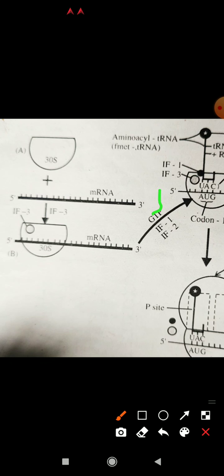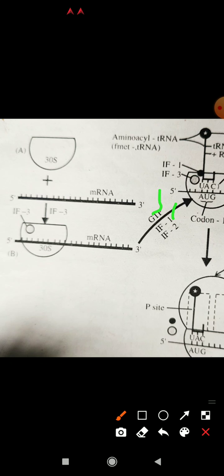Related to the initiation factors, in prokaryotes they are called initiation factor 1, initiation factor 2, and initiation factor 3, and in eukaryotes M1, M2, M3.